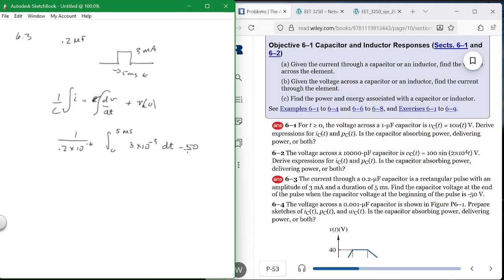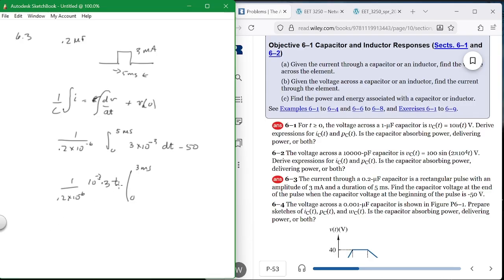What would that be? Well, it's 3t, so it's 1 over 0.2 times 10 to the minus 6th, evaluated at 0 and at 3 milliseconds. And this is 3 times 10 to the minus third times 3.